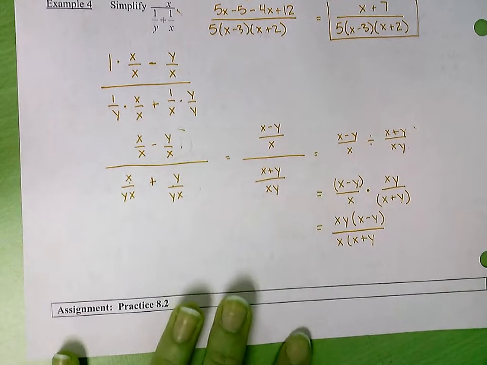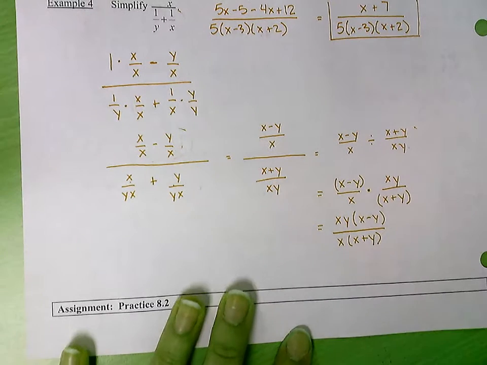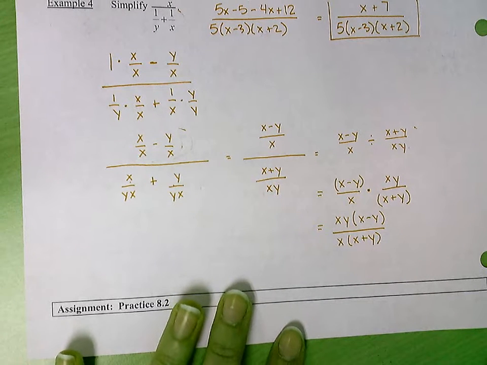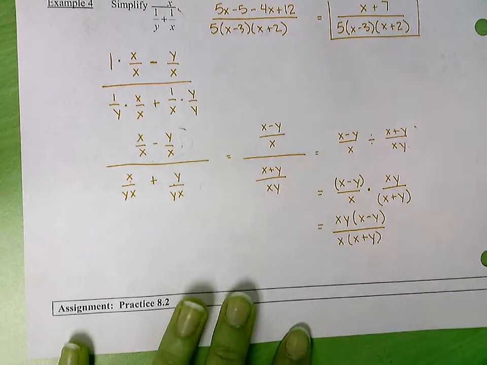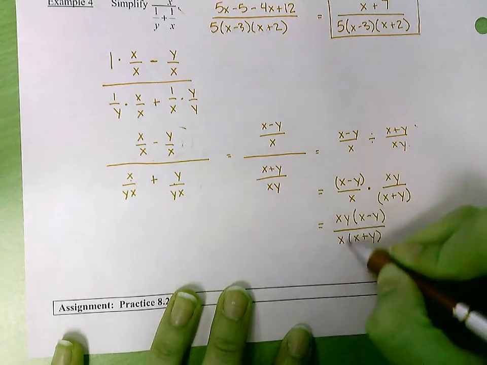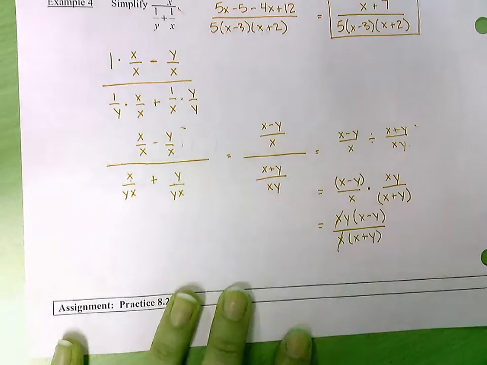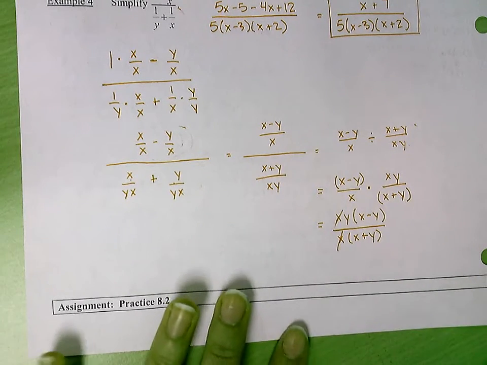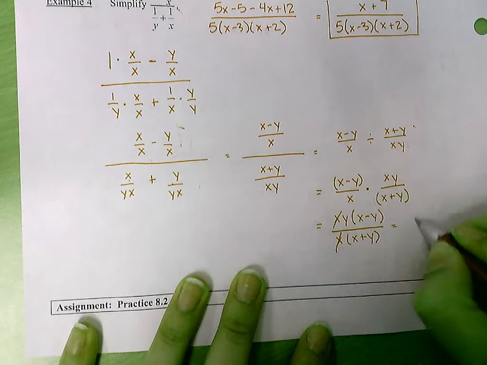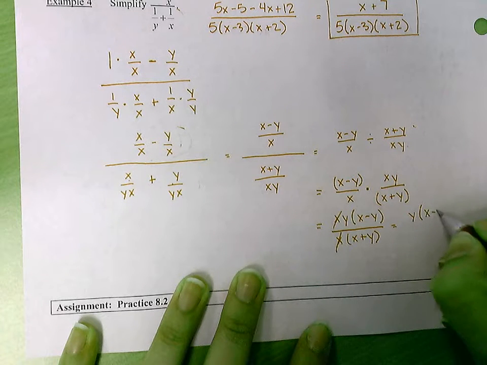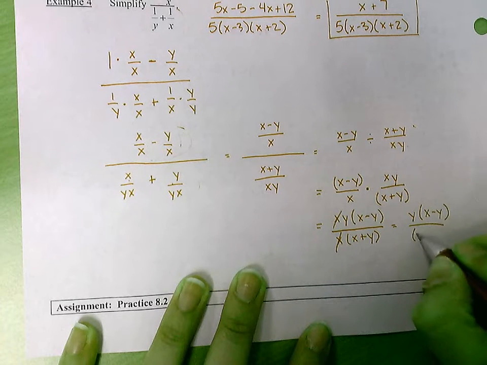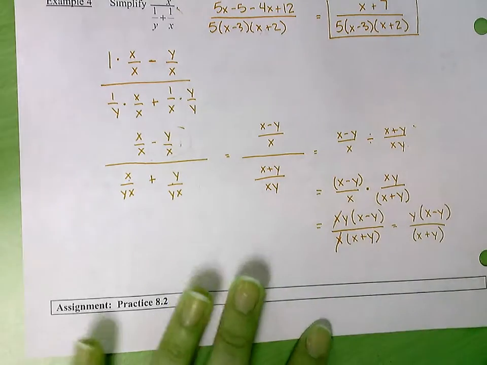Do I have like terms that I can cancel? Sure. Yeah, I do. I have x over x right here. Yes. That's what I'm saying. So those x's will cancel. So we have y times x minus y over x plus y.